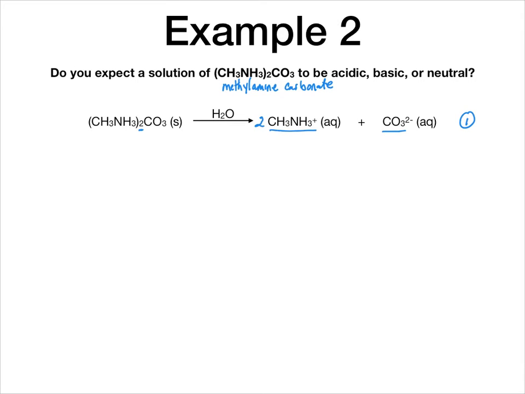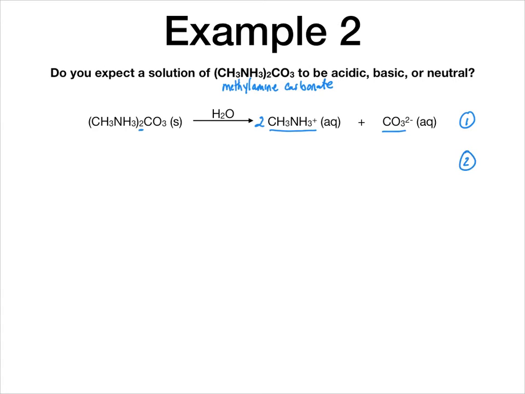That means that this 2 has to go out in front. So whenever the salt splits up into its ions, it breaks up into twice as many methylamine ions as it does carbonate ions. Now, this 2 is not going to affect anything in our steps.